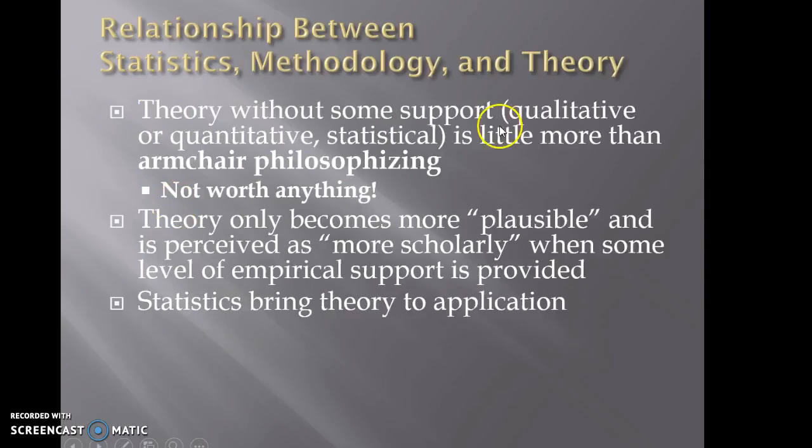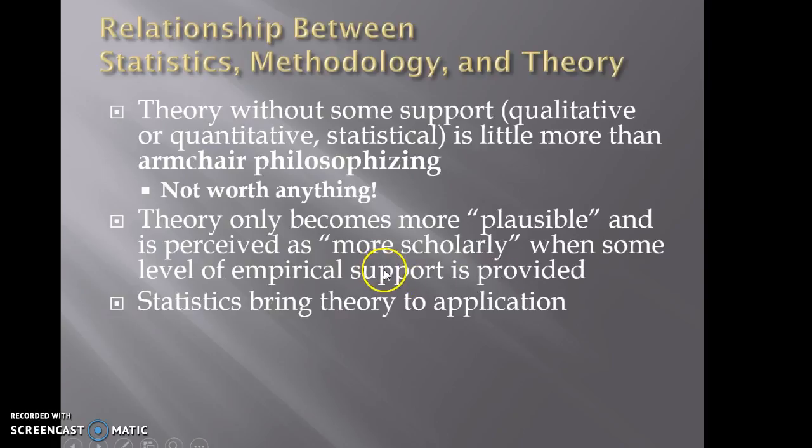Theory without some kind of support, whether you use a qualitative or a quantitative statistical method, is little more than armchair philosophizing. It's not worth anything. Anybody can say anything. So theory becomes more plausible and perceived as more scholarly when some level of empirical support is provided.